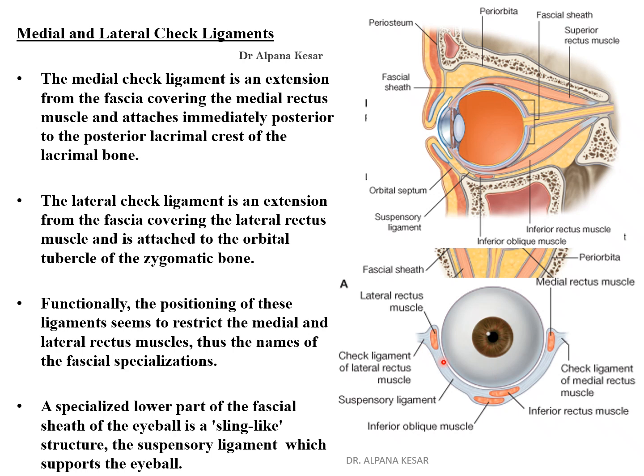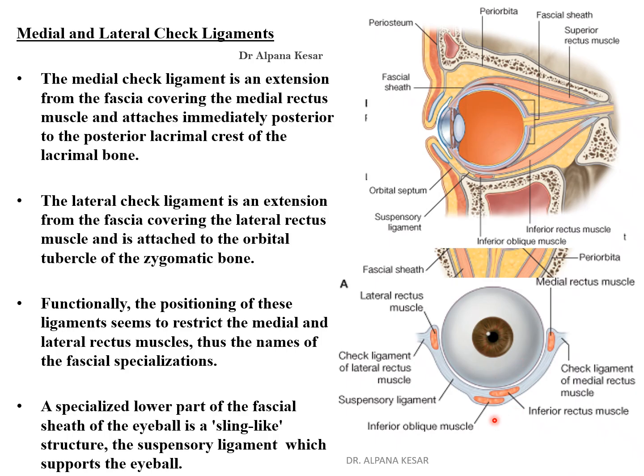The lateral check ligament is an extension of the fascia covering the lateral rectus muscle and is attached to the orbital tubercle of the zygomatic bone. Functionally, the positioning of these ligaments restricts the medial and the lateral rectus muscle, and that is why the name check ligaments.